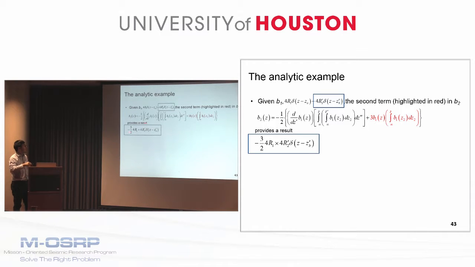When we add these results from B2, particularly from this term, to this B1, we can see it alters the amplitude of the second image, and does not change the amplitude of the first image. So that is what the inverse scattering theory communicates: there is no need to change the first image, and there is a need to change the second image.